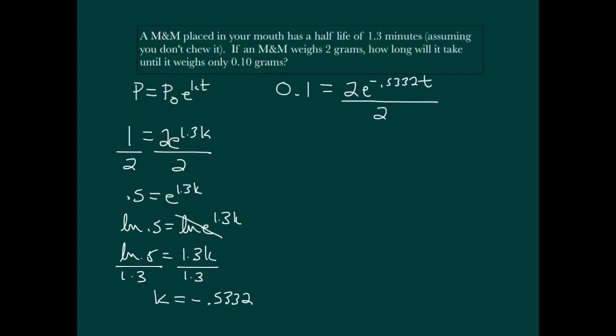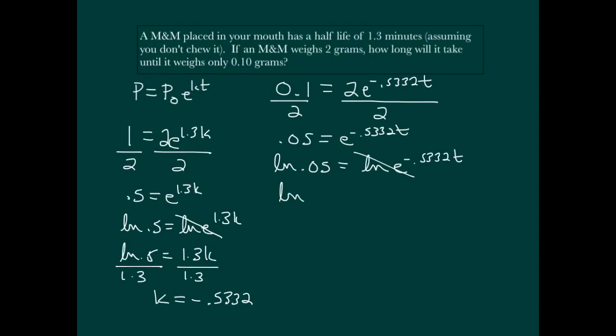So we'll divide by 2 first. Now I'm left with 0.05 equals e to the negative 0.5332t. Then I want the natural log of both sides, so that the natural log and e can cancel out.